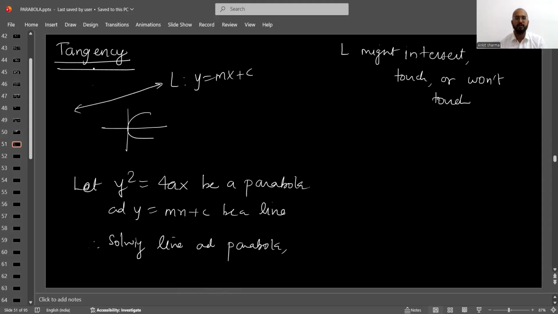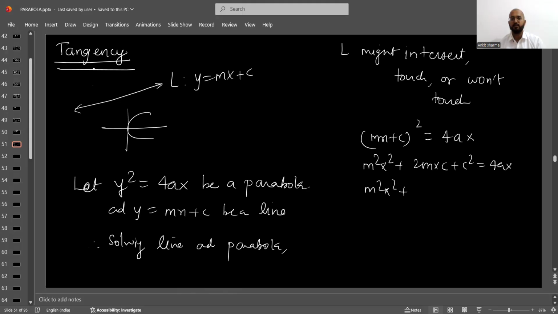This ends up giving (mx plus c) the whole square is equal to 4ax. Open this thing. So m square x square plus 2mxc plus c square is equal to 4ax. We can just bring it here. So m square x square plus (2mc minus 4a) into x plus c square is equal to 0. Now, this is a quadratic in x, so I'm going to have two solutions, but since I want b square minus 4ac, let's find b square minus 4ac.